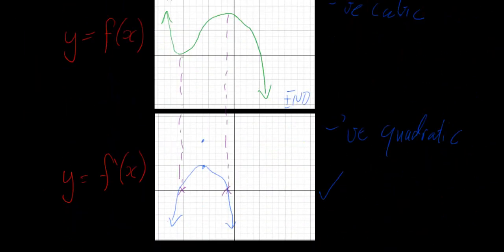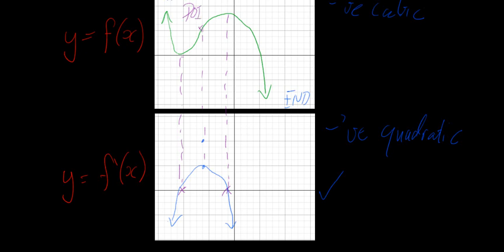So this must mean that if you trace this back up, go vertically way back up, then this actually corresponds to a point of inflection on our original graph.